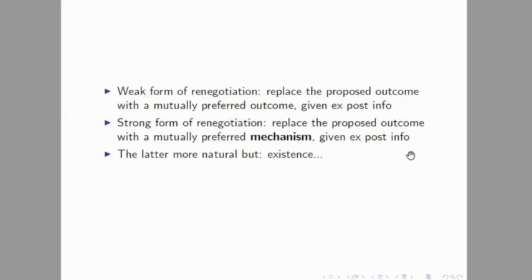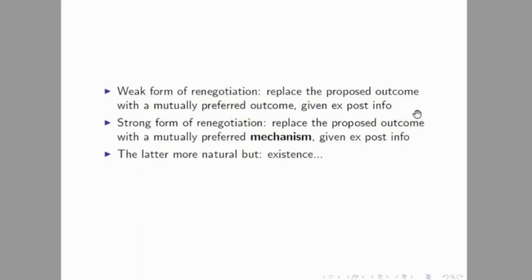And of course, this imposes an even more stringent criterion on mechanisms than the weak form of renegotiation, namely, the mechanism should be such that, given the ex post information, there should be no additional mechanism that would be incentive compatible with respect to this ex post information that would benefit all the parties in comparison to the originally recommended outcome. If a mechanism is renegotiation proof in this particular sense, then it is very robust.